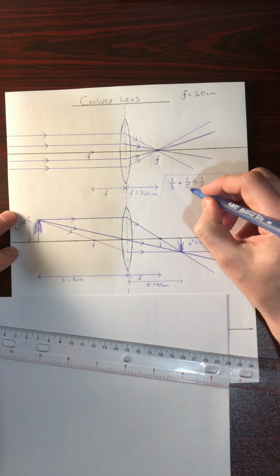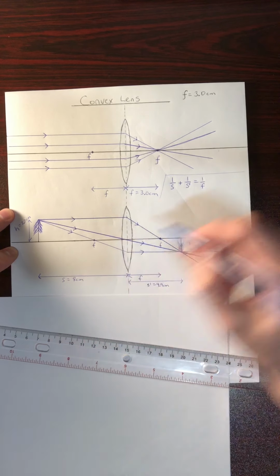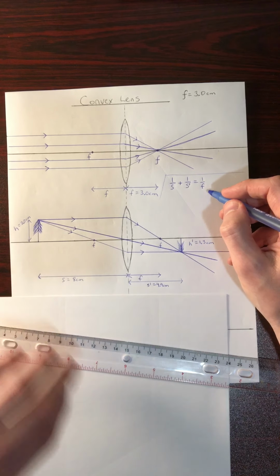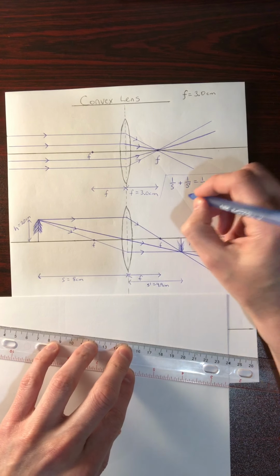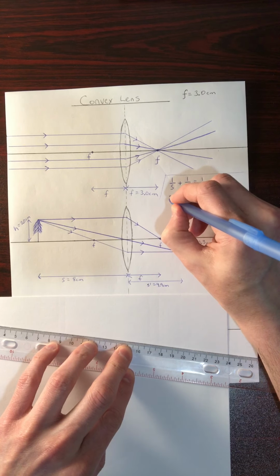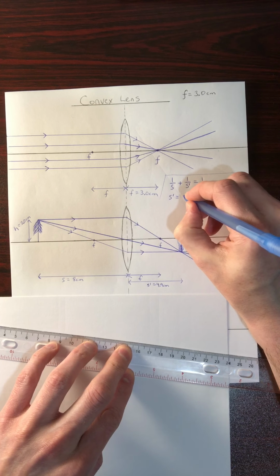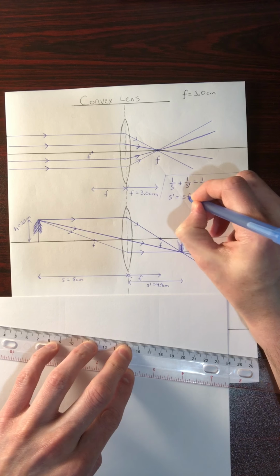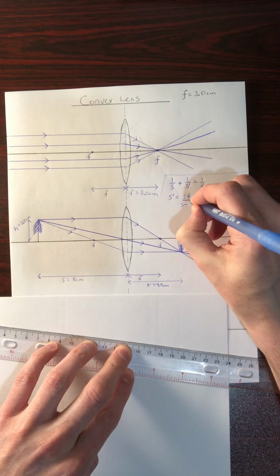We're going to solve for s primed because we know where we put the object and we know what the focal length is. This can be rearranged so that s primed is equal to s times f over s minus f.